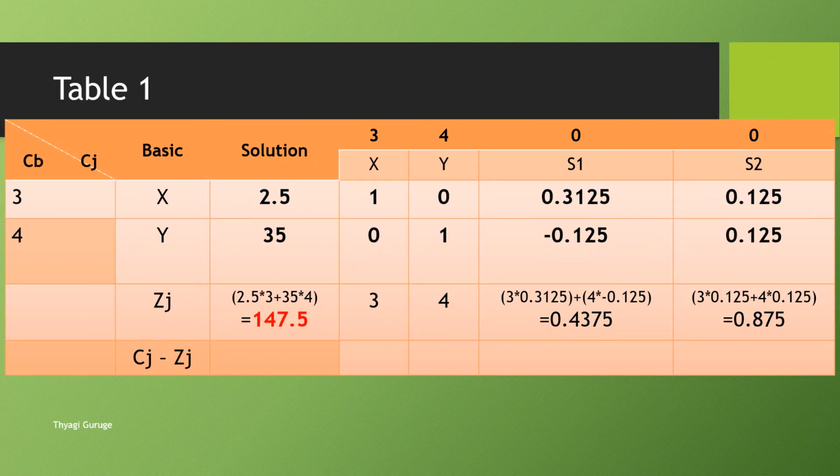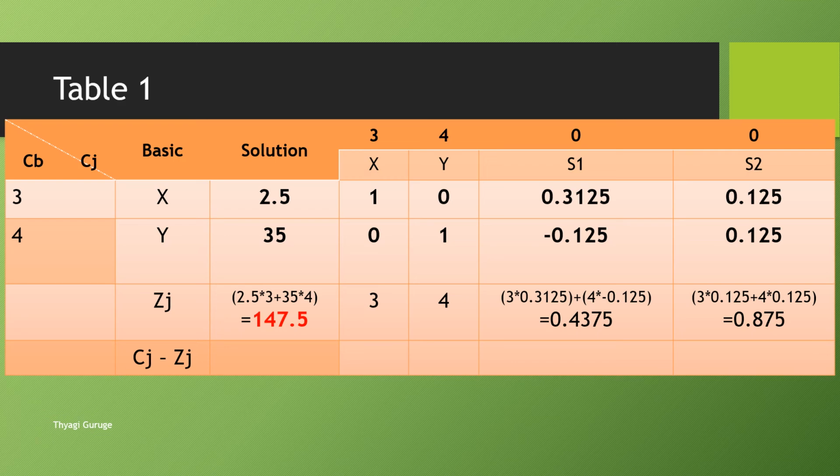Now calculate the Zj value for X, Y, slack 1 as well as slack 2. Here the Cj value for X is 3 and the Cj value for Y is 4. Whereas when it comes to slack variable 1, we can see there is 0.3125 units for X and minus 0.125 for Y. So therefore, we are going to take the combination of these two.